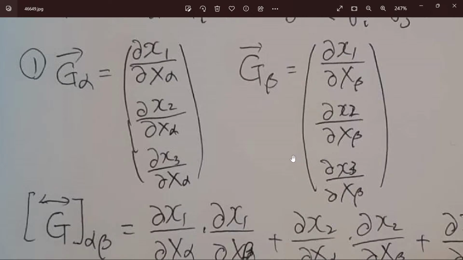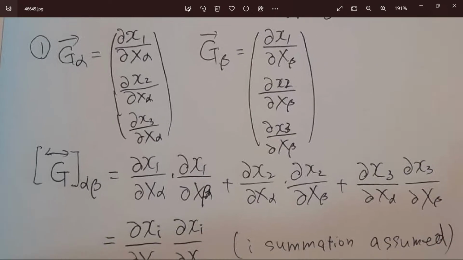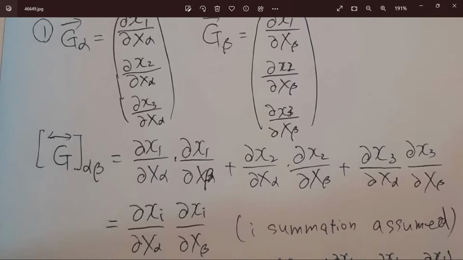So this should be correct. Then you consider the alpha beta component of the G tensor. This is the inner product of G alpha and G beta, so you just take the inner product.